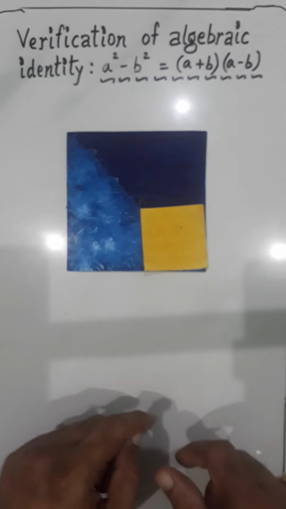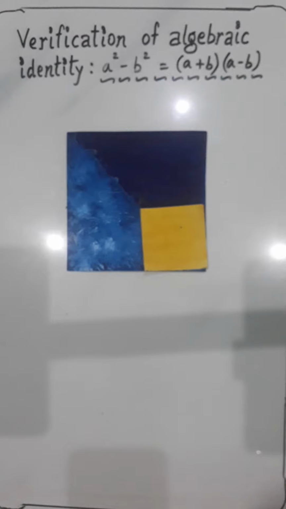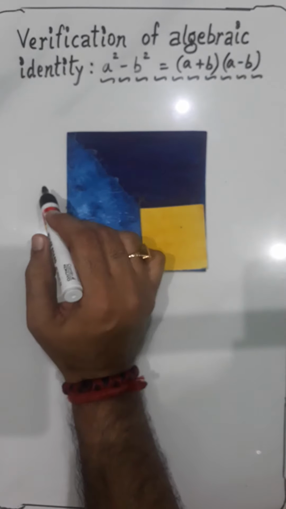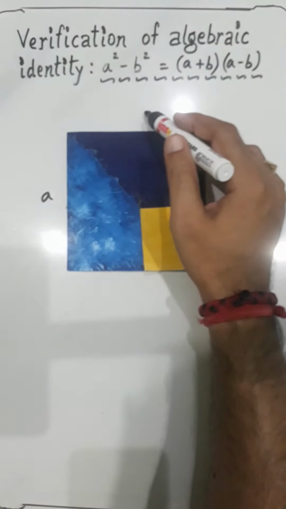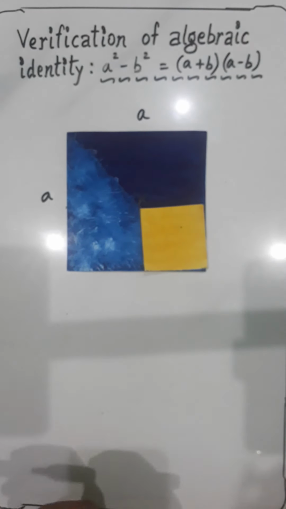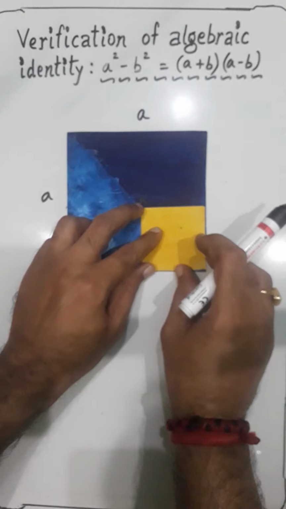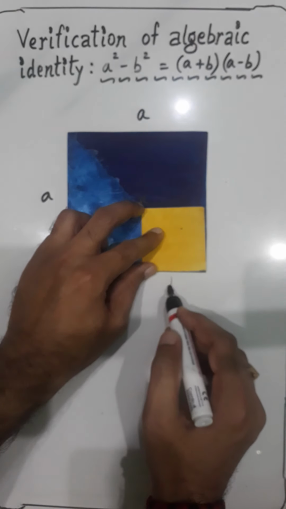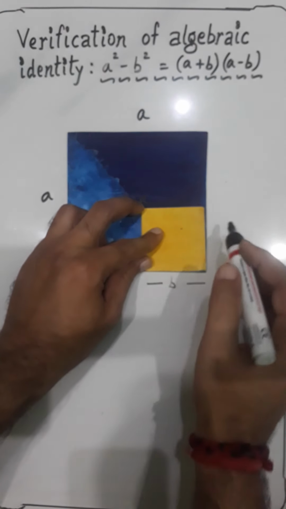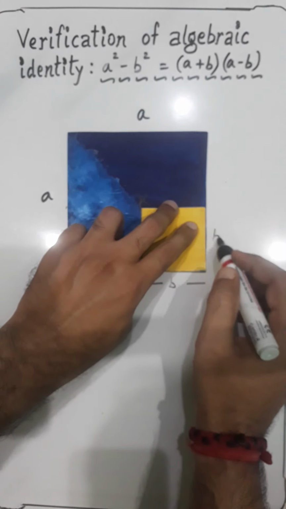Now when it is a square minus b square, it means that it will be a square when the side is a, and when this is b square, it means that from here till here it is b, and the same goes from here till here.